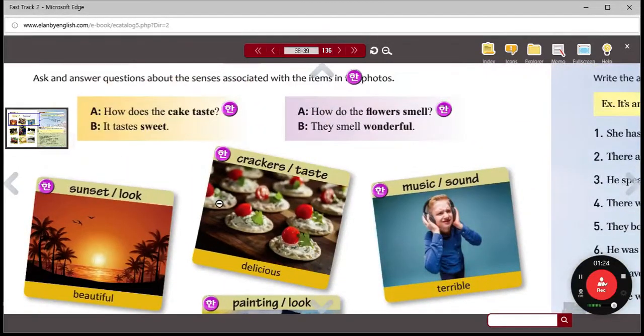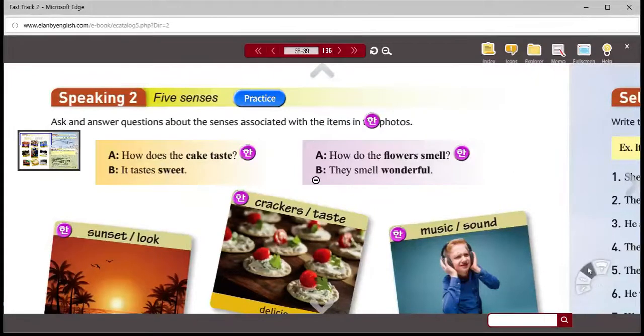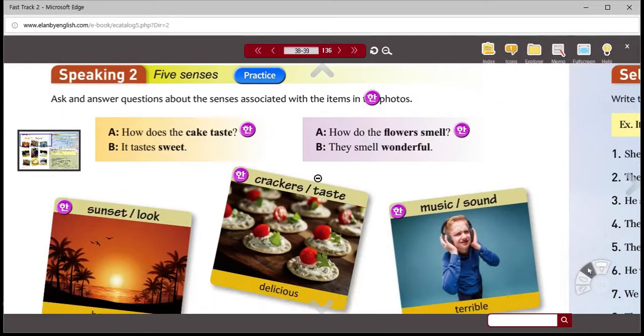Each of the questions is a how question, and they're trying to find out these perceptive verbs. So the activity is called the five senses. We're going to look at different ways of describing things where we use our senses.